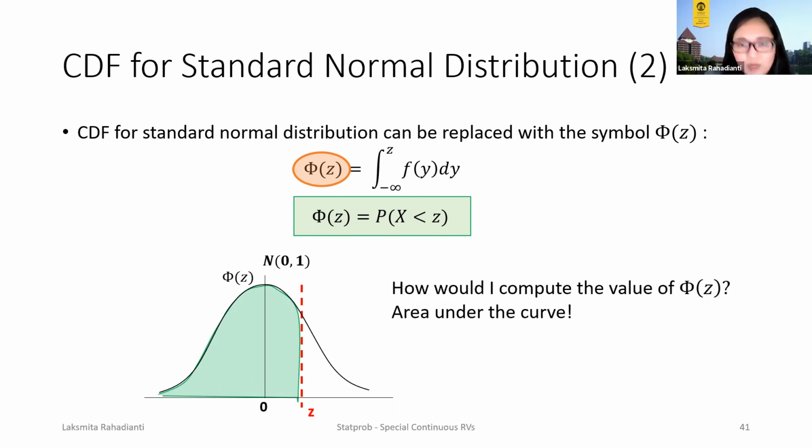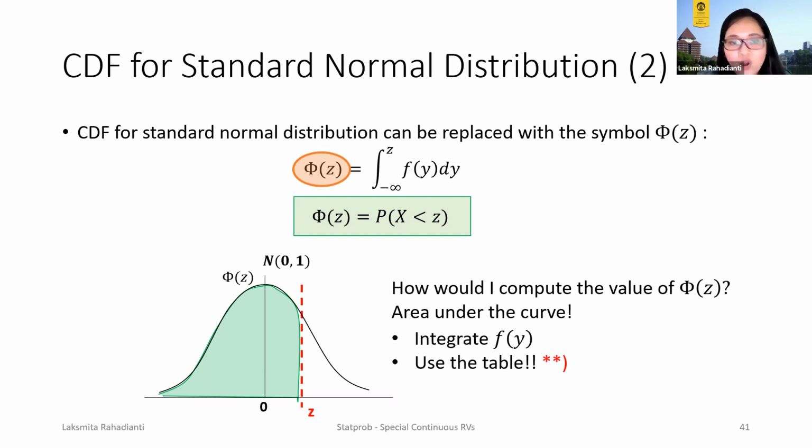So how can I compute this? Area under the curve. Integrate the function, right? So I can just integrate the f, right? Thankfully, since this is a standard normal distribution, which is already made by people to standardize, I could integrate it manually by myself, but why bother? Since the function is always the same, always with the mean of 0 and the standard deviation of 1, it is the same function every single time.